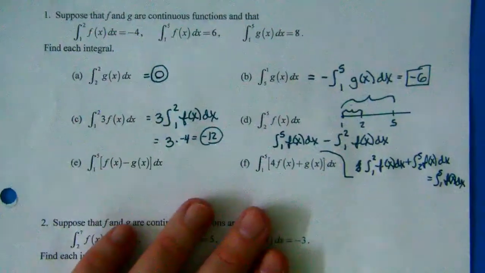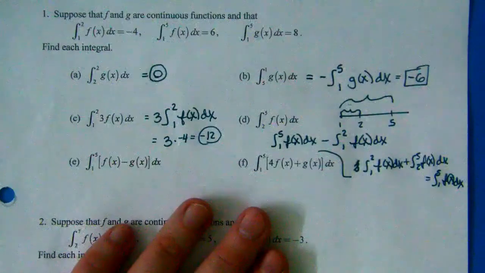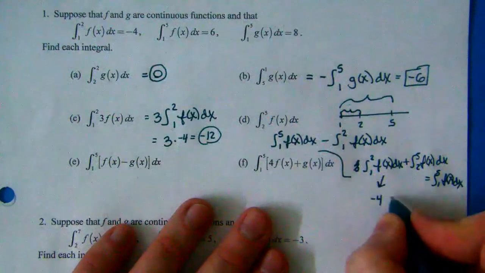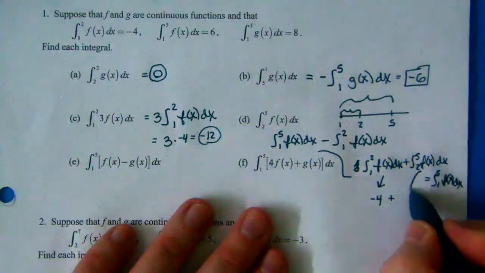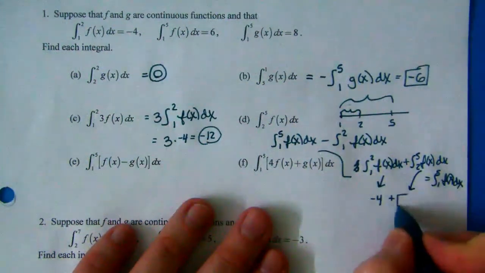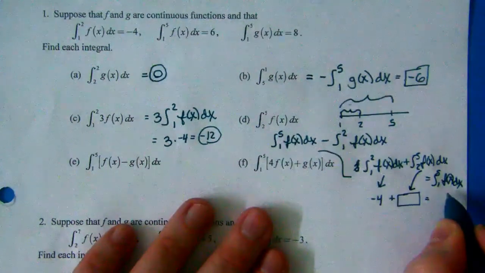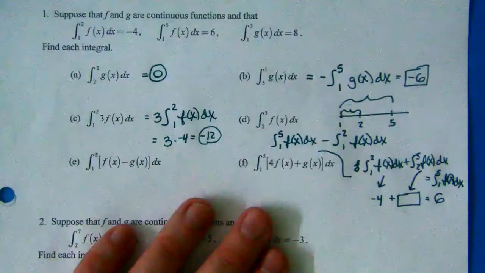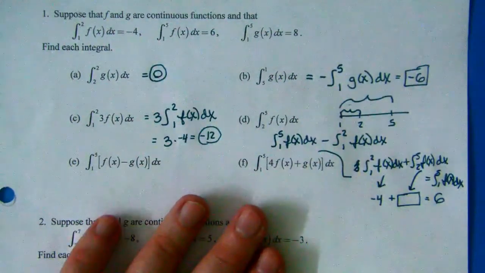Sorry, that's a little bit of a mess. If we do it like this, I know the integral from 1 to 2 of f of x dx is negative 4. I don't know the integral from 2 to 5 of f of x dx, that's what I'm looking for. And I do know the integral from 1 to 5 of f of x dx. I gave that to you as 6. Negative 4 plus what would give you 6? I think that's going to be 10.